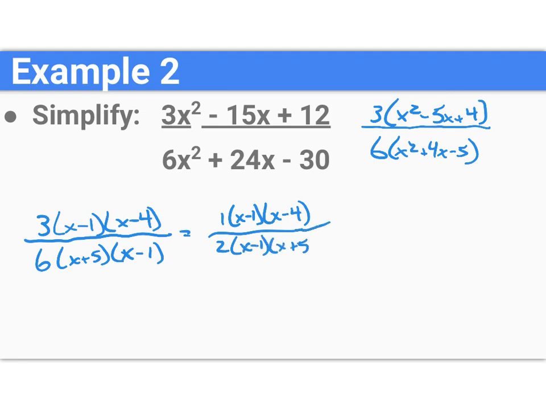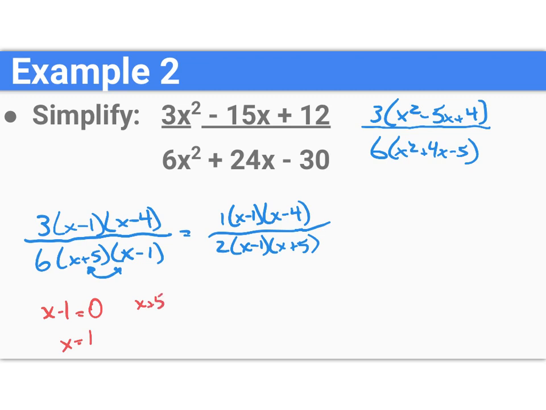And remember, when we multiply, we can switch around factors, and it does not change the outcome of the answer. I did this just to show you what cancels out. But before we do that, we're going to find the excluded values. We set x minus 1 equal to 0, so x equals 1.